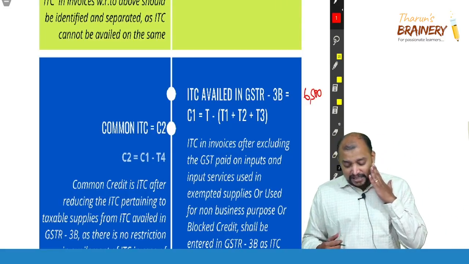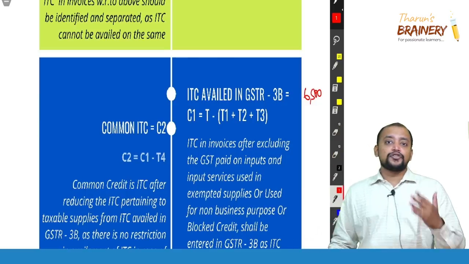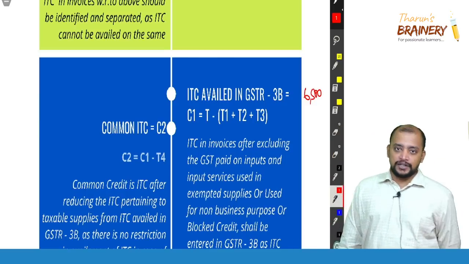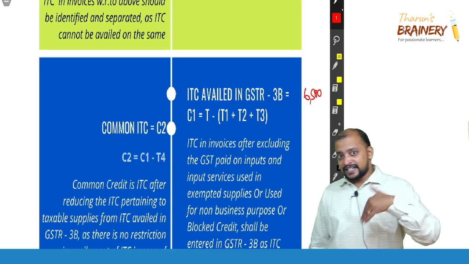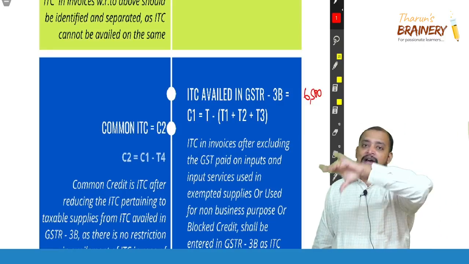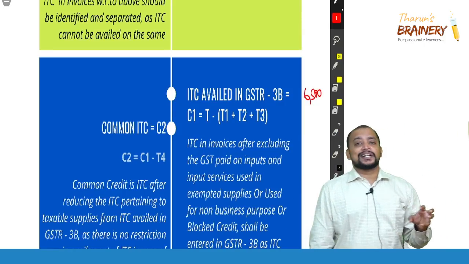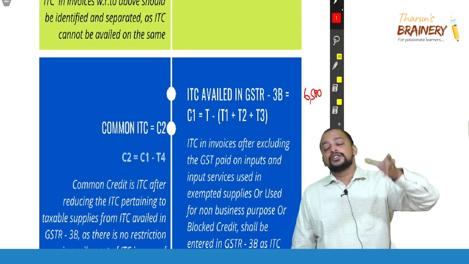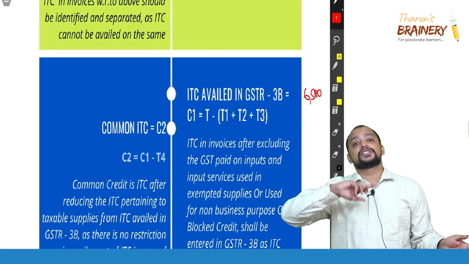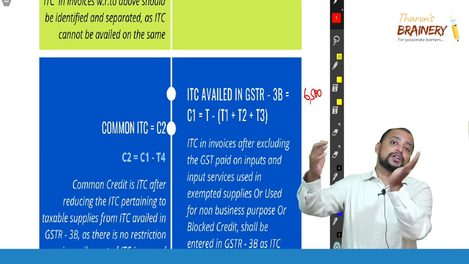Please remember, before taking the credit, you will take out the credits which are ineligible and blocked. If you remember our discussion previously related to 2A/2B matching, there itself I told you, while taking the credit in 2A/2B matching, remove ineligible and blocked credit from 2A/2B, because in books also we will not be taking it, and only the remainder will come in 3B.